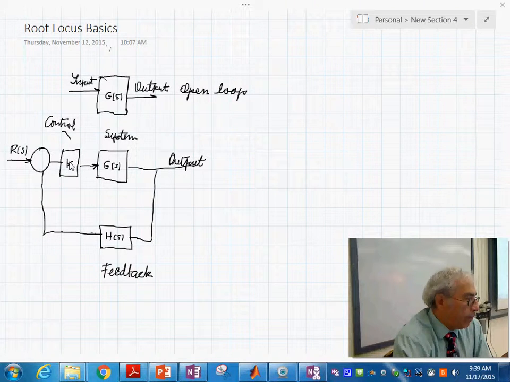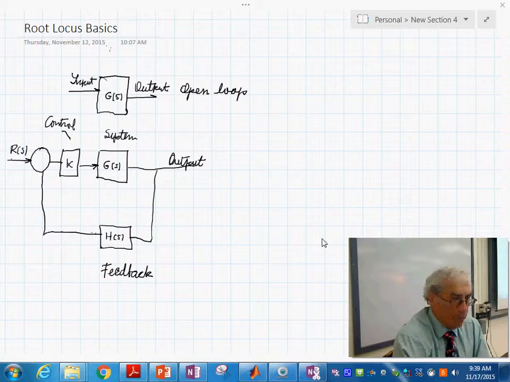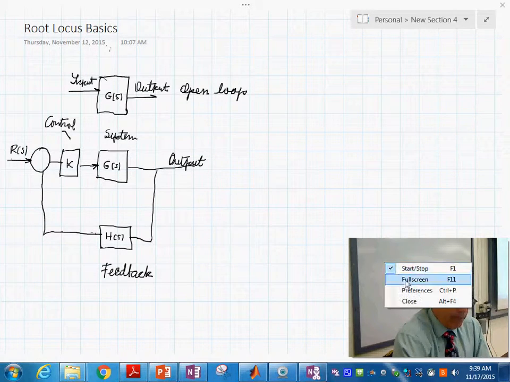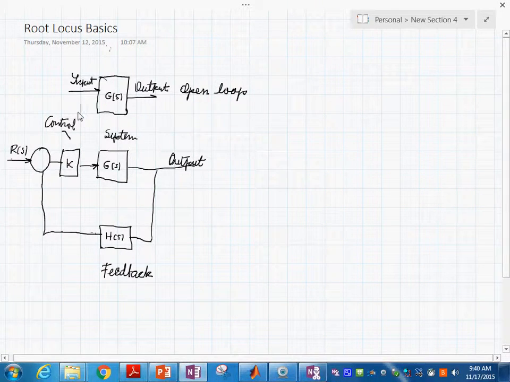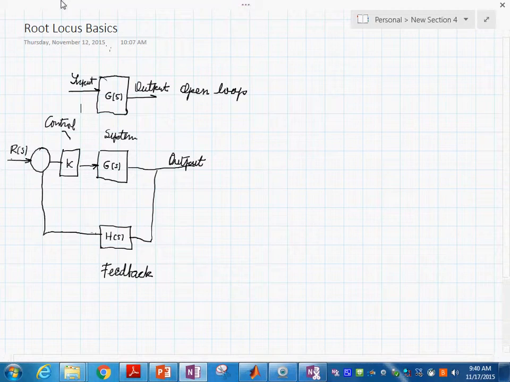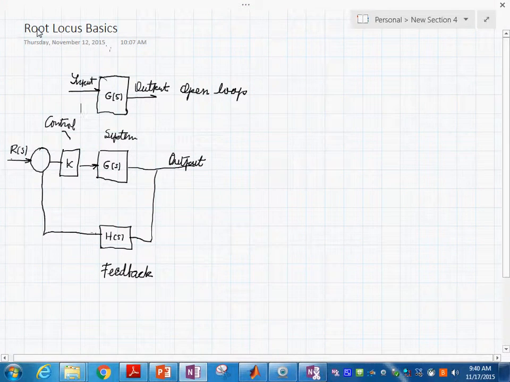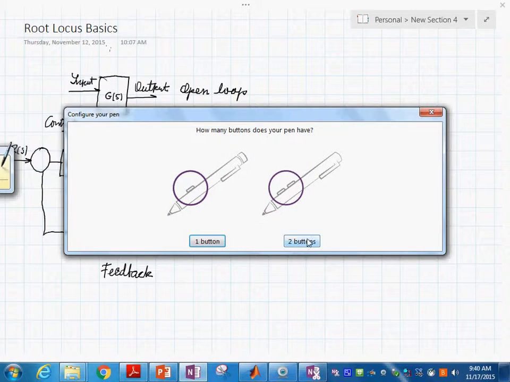We're going to call it K, and then this is the feedback loop. We are going to see how we put this first in theory and then in practice.